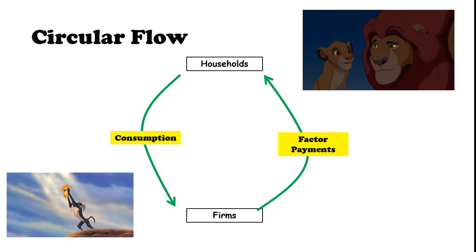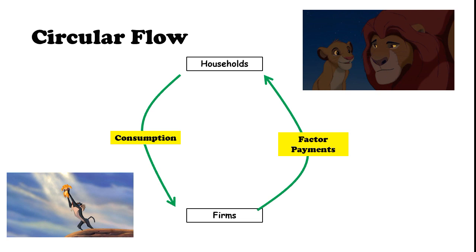Two things are happening here. And actually all businesses are down at the bottom, but it includes the business you work for. So you're working for a company. They're paying you. They're creating what we call factor payments, which are wages, interest, rents, and profits. Okay? There's factor payments. So these factor payments are going from the firms to the household. So your labor, when you're being labor, you're getting paid.